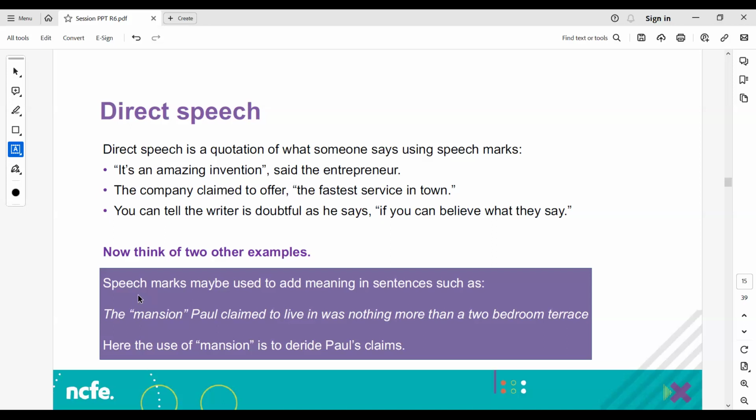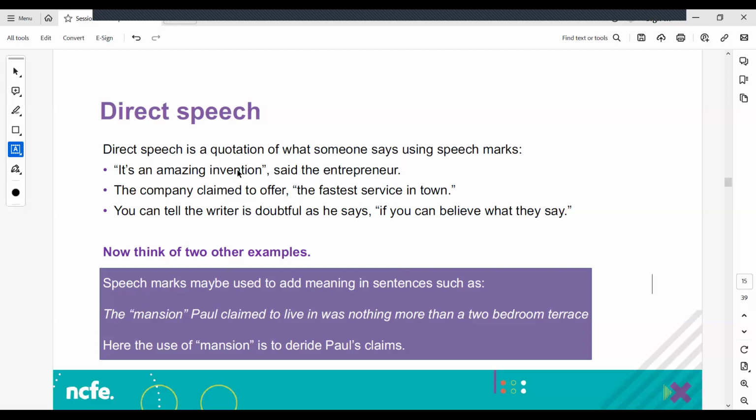It's making fun or being sarcastic of the word mansion. Okay, so it's adding that meaning. Does that make sense? Does anyone have any questions about that? Okay. So 2 ways to quote what somebody has said or to deride what somebody has said and add that meaning.